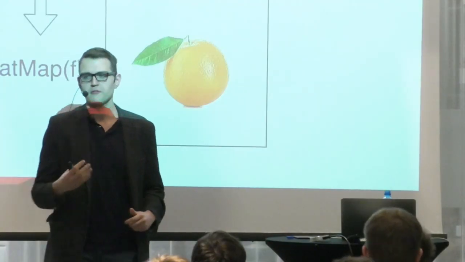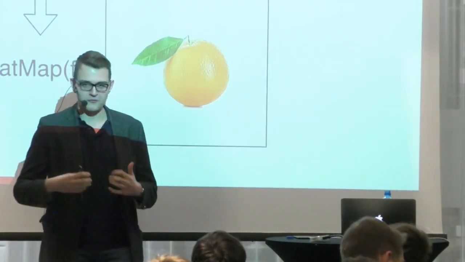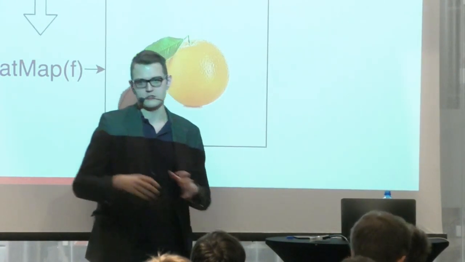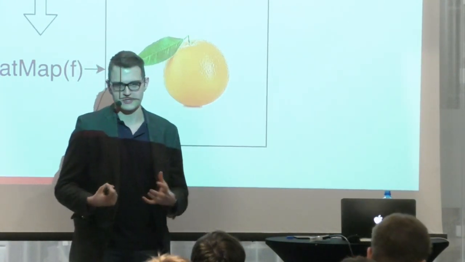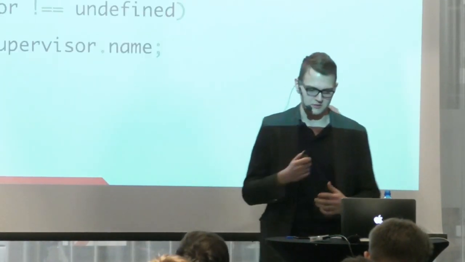So if we call flatMap on our old function, we'll get a new function that can change apples in boxes to oranges in boxes. So now it can work with the apple in the box that I have, so I can use it.